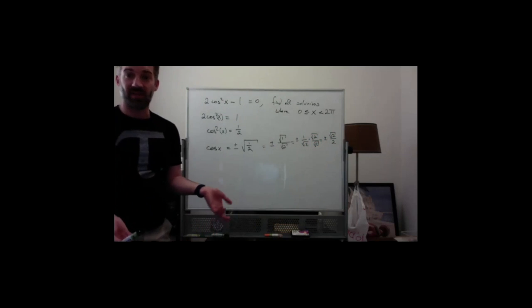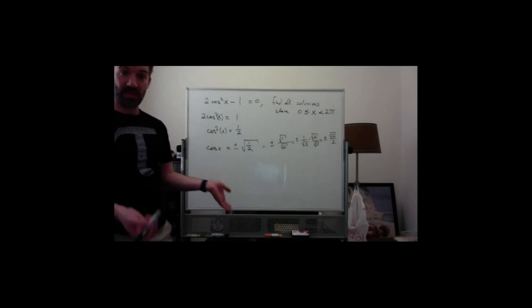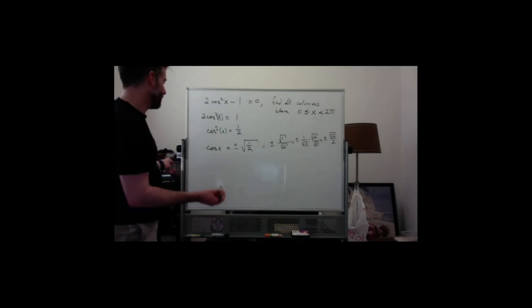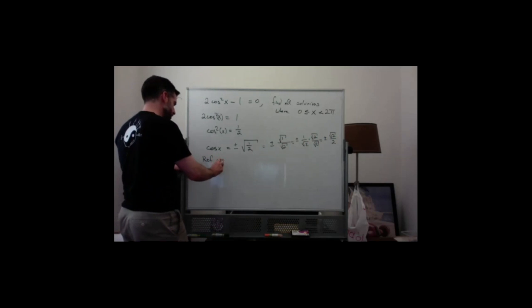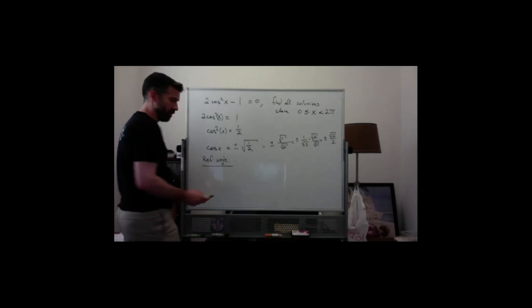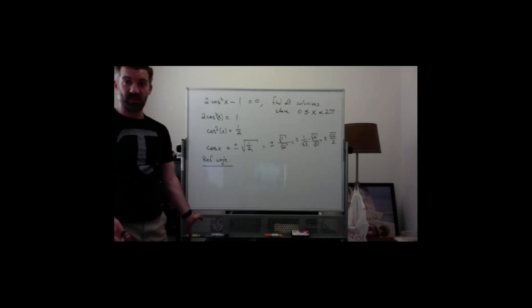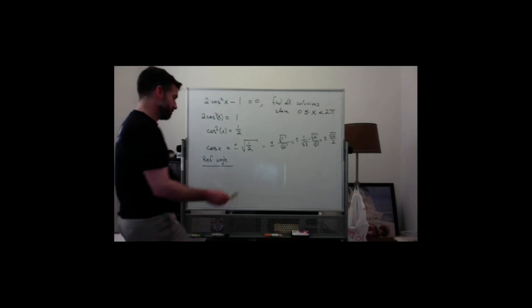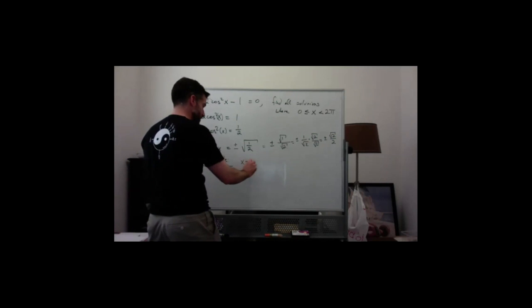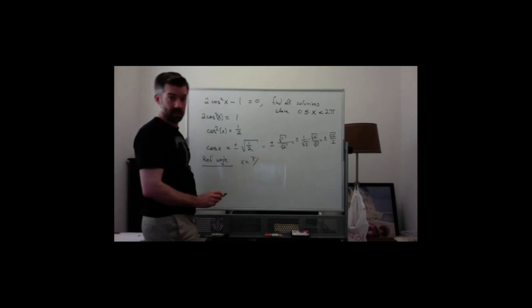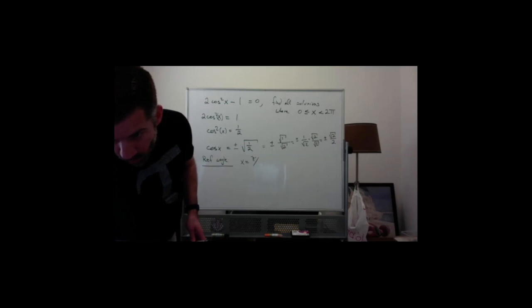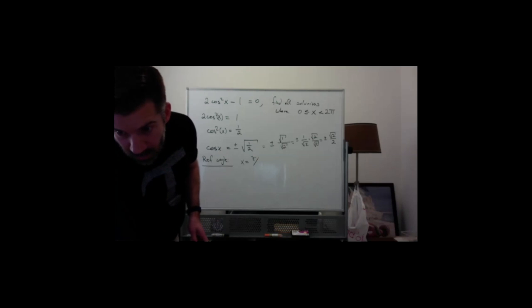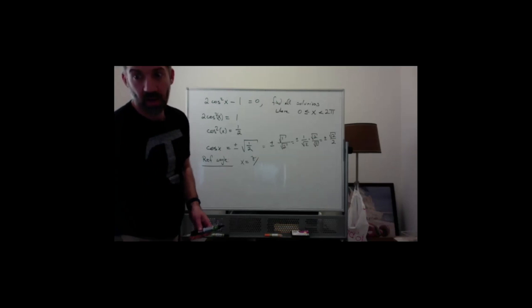That definitely looks like a number we know cosine of x is equal to. So what is the reference angle here? It's the angle where cosine is equal to the square root of 2 over 2. Yep, pi over 4.